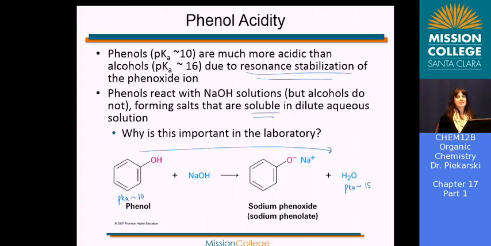Why is it important? And what kind of laboratory technique would you maybe want to use to make this soluble in water? Extraction. Good. For example, this group here is not soluble in water. Even though it has an alcohol group, that aromatic ring is pretty big.